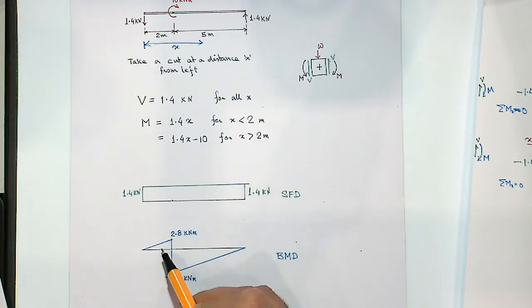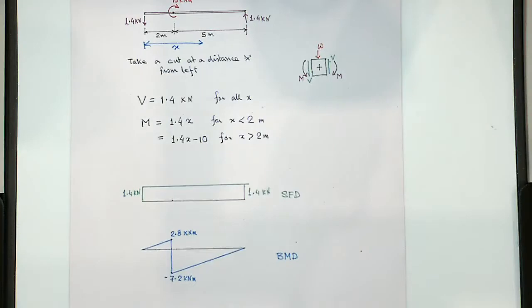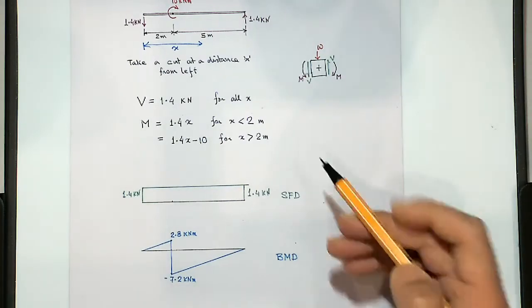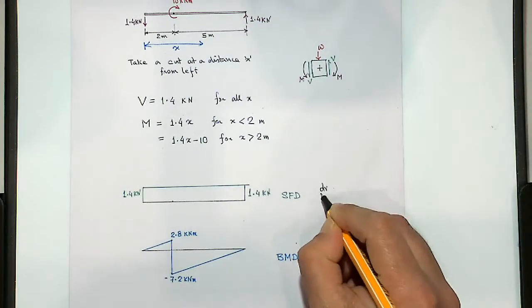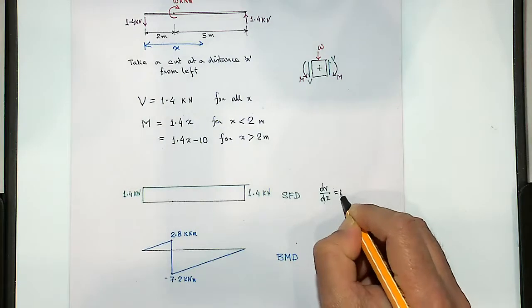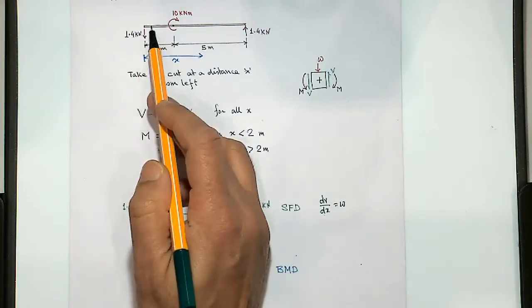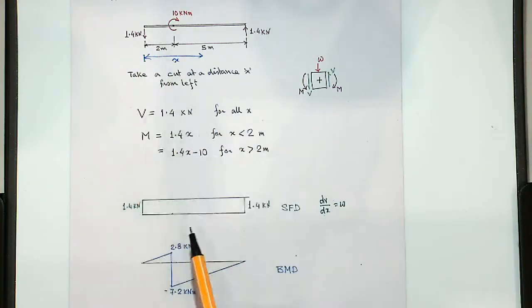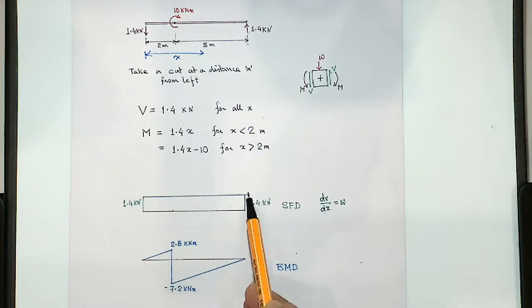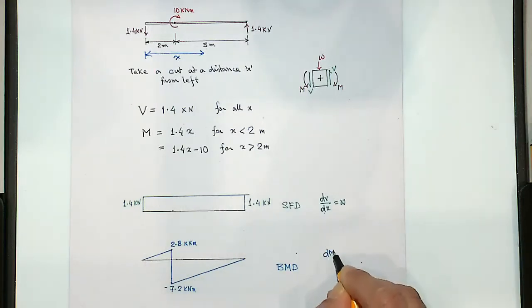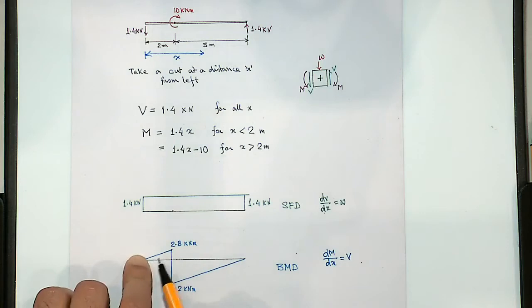Now you could see one thing, that the formula that we already know is, first of all, dV/dx is w. So there is no vertical load, so the slope is 0. That's okay. Then the moment slope is the shear force. Now we can see the same slope, 1.4, over 2 meter is 1.4.